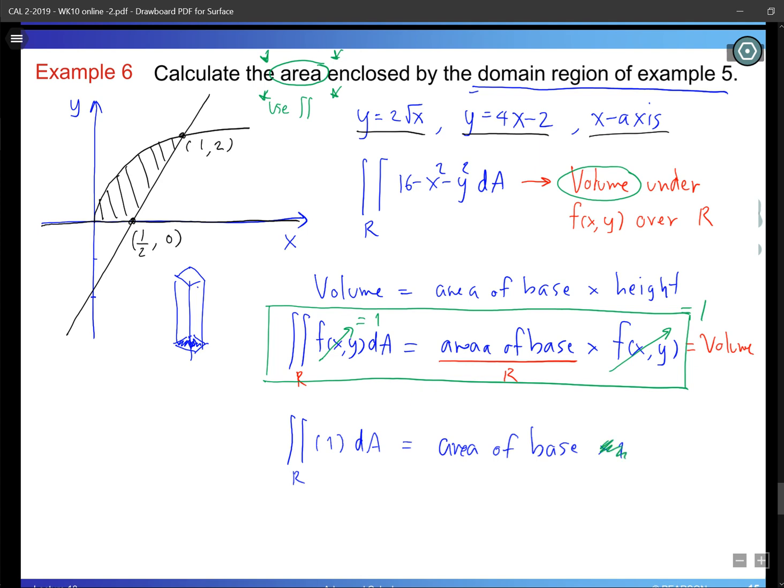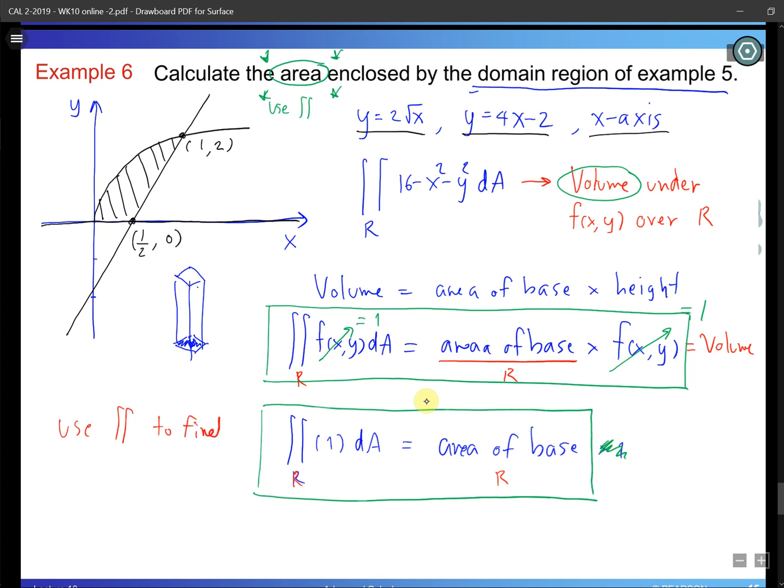So here we have a modified formula, and you can see that you can find the area of the base, which is the domain region, by using integrals. Use double integrals to find area. Different from before when we found the volume, here we find the area instead.